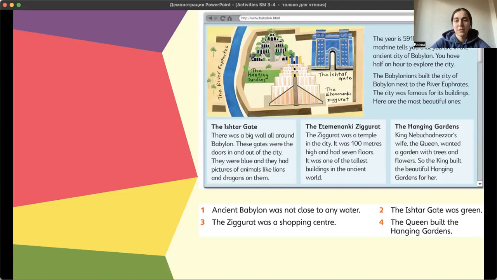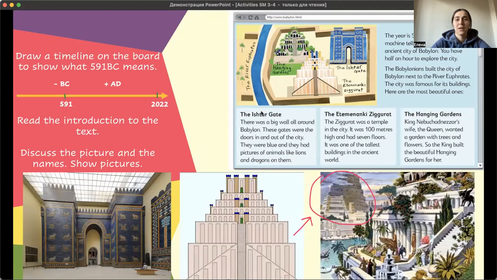So first, we need to draw a timeline on the board with this year and explain what it means. So what is BC, what is AD? We can draw minuses and pluses to show them that BC means a long time ago, and AD is like modern time.